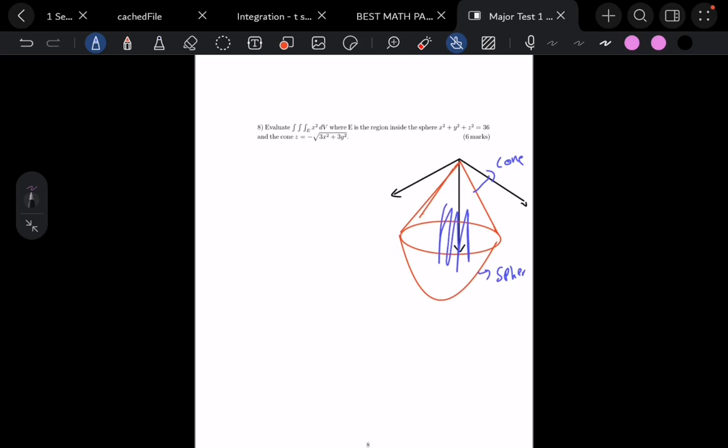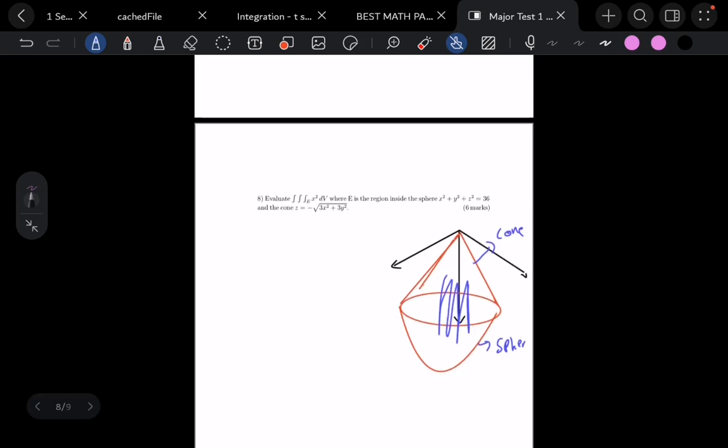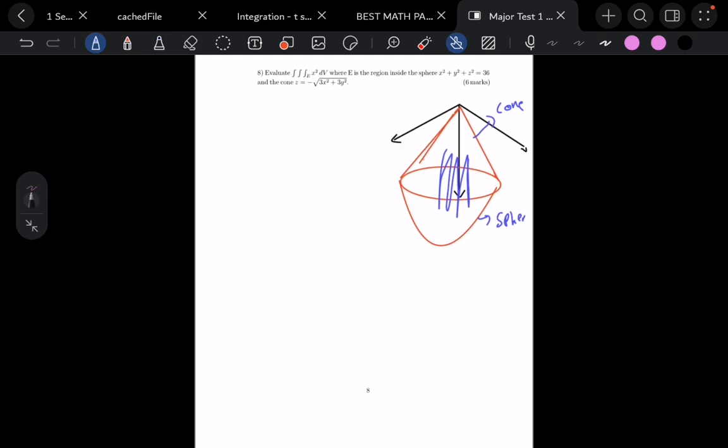So your integral will be x squared. What is x in spherical coordinate? I just forgot. Let me just set it up.